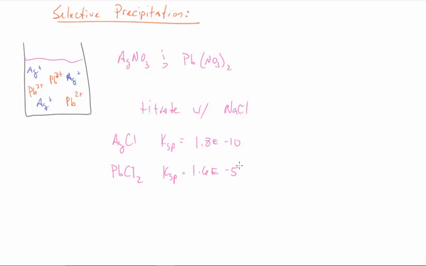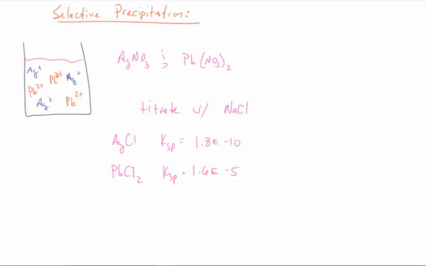And this is a very common procedure that we use to purify metals, because most of the metals that come out of the ground exist as some kind of ore, right? It's a mixture of a lot of different metals, and so we can use the Ksp values of these particular metals, based on binding with another ion, to precipitate and purify these metals away from each other. So this is a very, very common practice, to be honest with you.